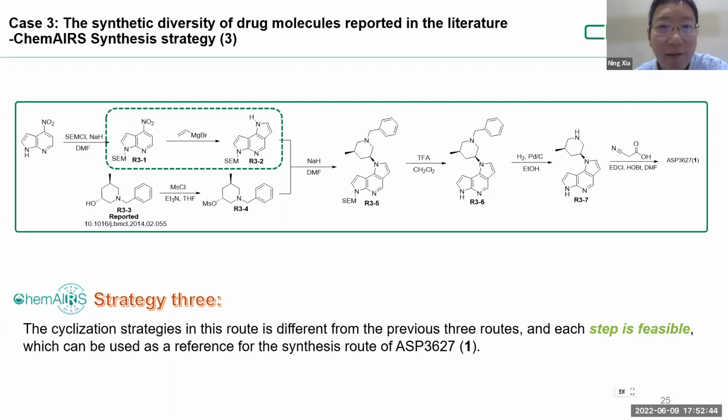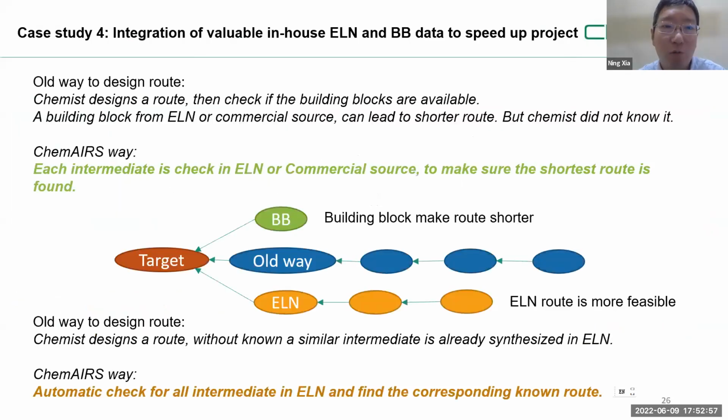And in case study 4, I want to show you that if we make use of internal ERN building block data, it will change the way chemists work. In the old way of designing a route, chemists first design the route, then they check if the building blocks are available.